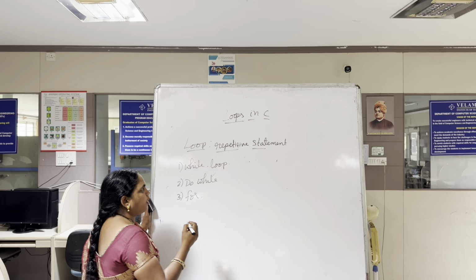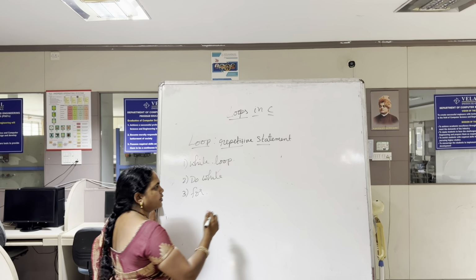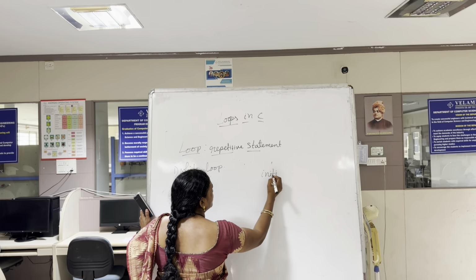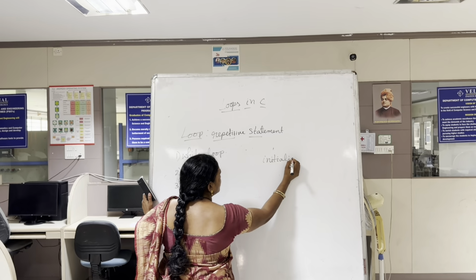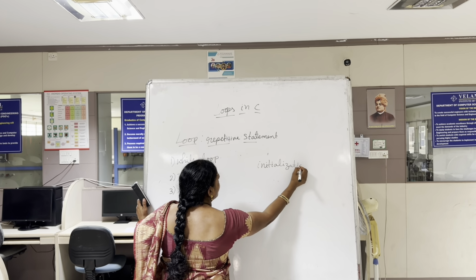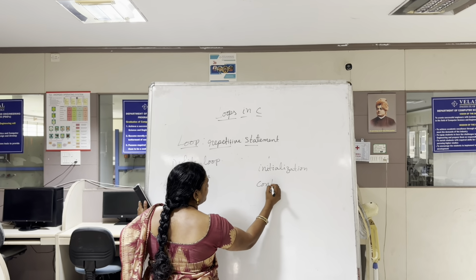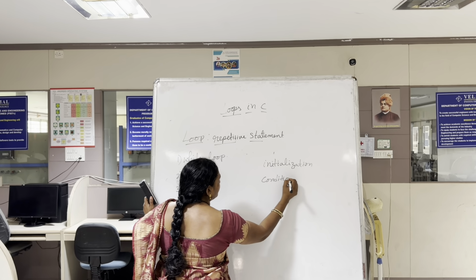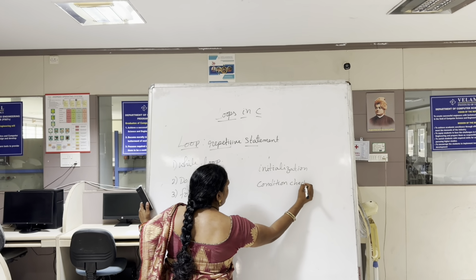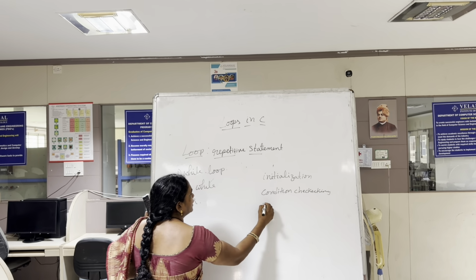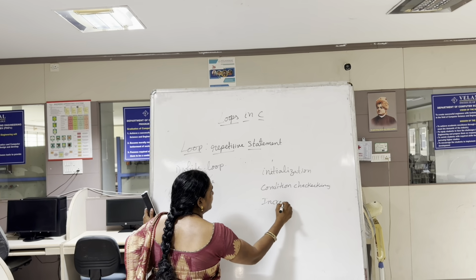The particular format for the looping statement is, initially it will have an initialization, followed by a condition checking, and later either an increment or decrement.